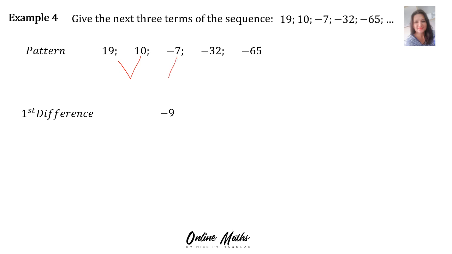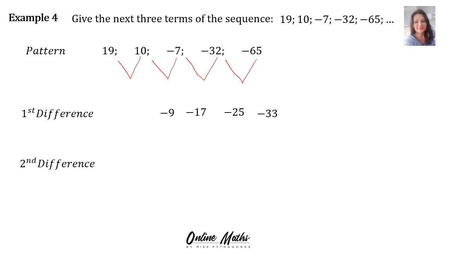Negative 7 minus 10 is negative 17. Negative 32 minus negative 7 is negative 25. Negative 65 minus negative 32 is negative 33.